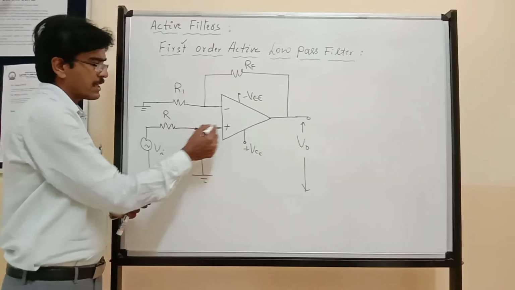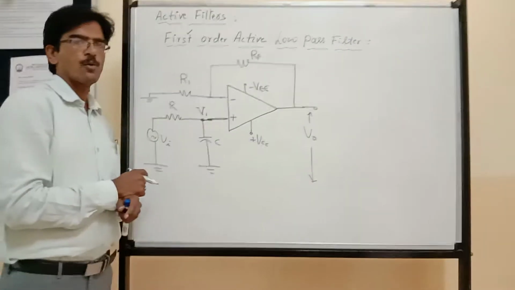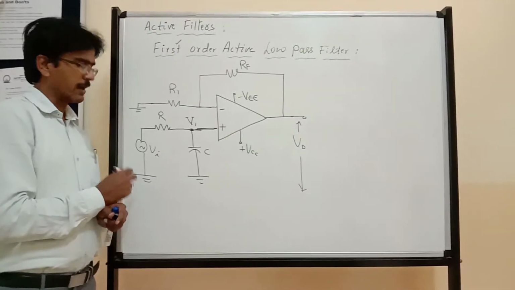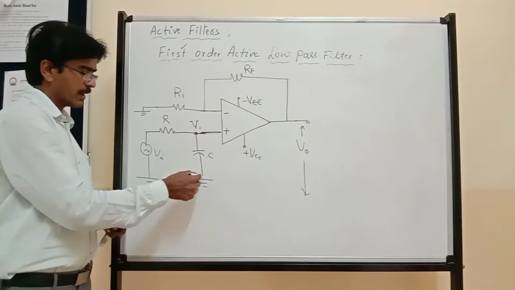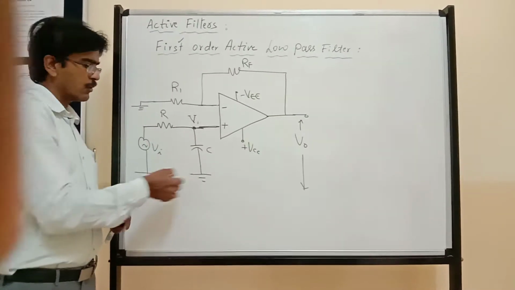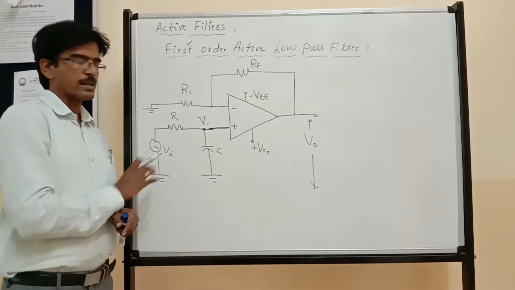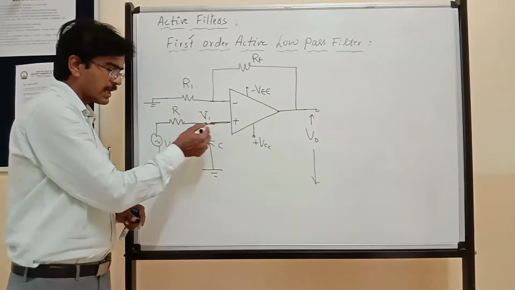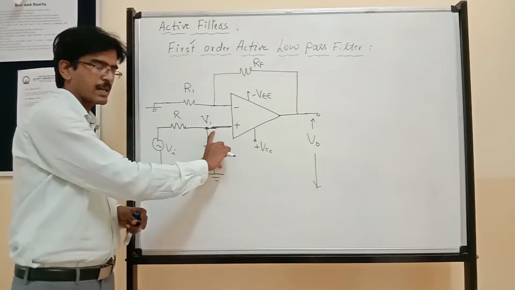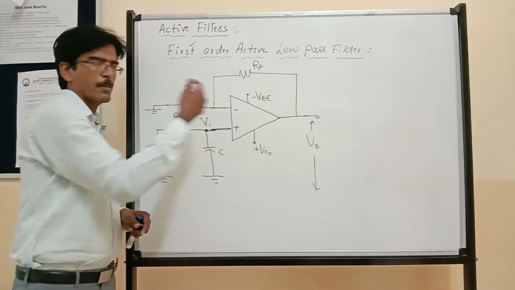Let the voltage at the non-inverting terminal be V1. You are applying input to this loop because both are the same ground, it's a loop. And this voltage gets divided across R and C. Whatever voltage appears across the capacitor is the input for this op-amp.